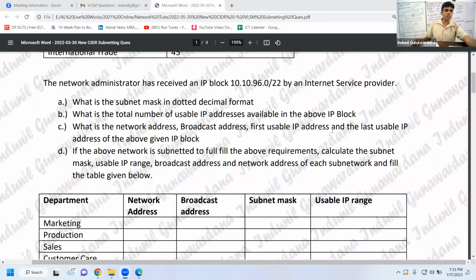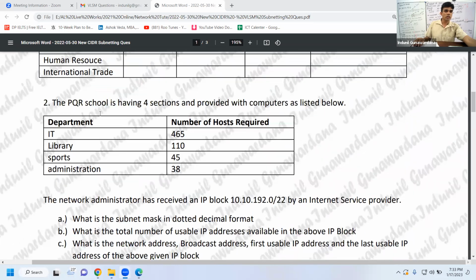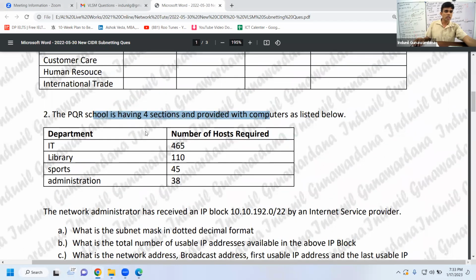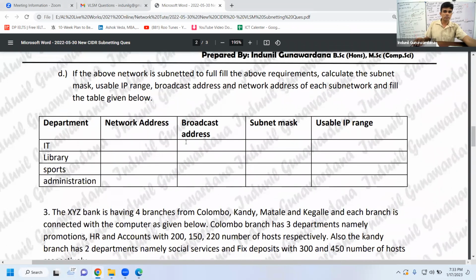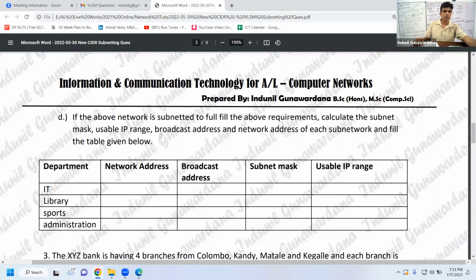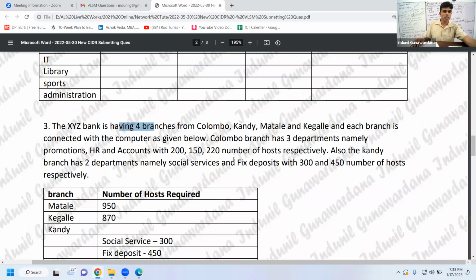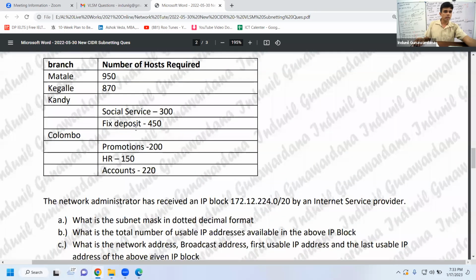So likewise, there are many other questions available. Again, in this one, the PQR department has this much, then IT has 465, and the others are going to have like this. Do that, even for this. Then the third question is the same.